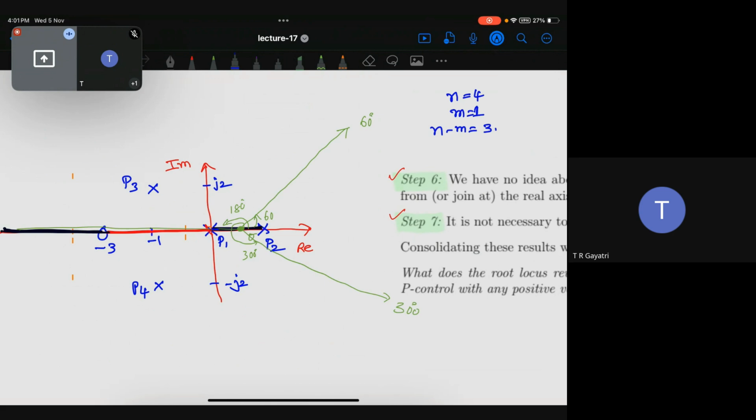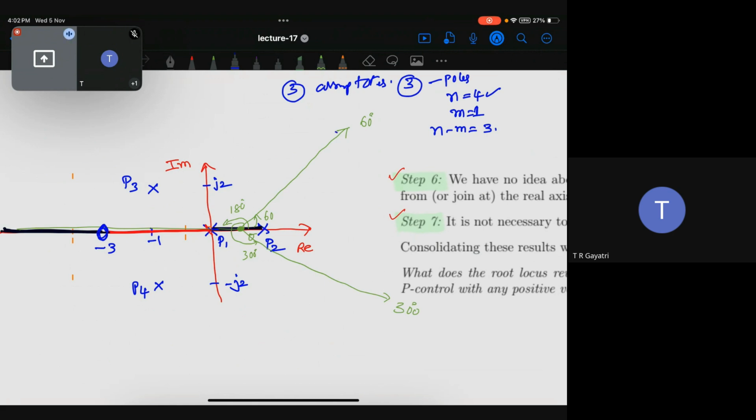Out of 4 poles, one pole will go towards this zero, and 3 poles will go towards the zero at infinity, correct? 3 poles, and here we have 3 asymptotes.